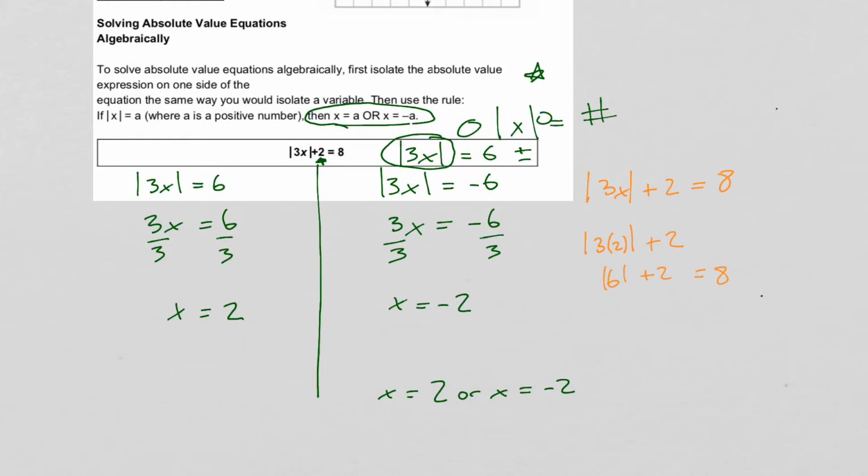And let me try -2. 3 times -2 plus 2, is that equal to 8? Well, this becomes the absolute value of -6, which of course is just plain old 6, and 6 plus 2 is equal to 8. So we've checked our work, both solutions work, and that's kind of the way these roll in absolute value. There's going to be 2 answers, or 1 answer, or no answers. So we'll get to all those examples in just a moment.